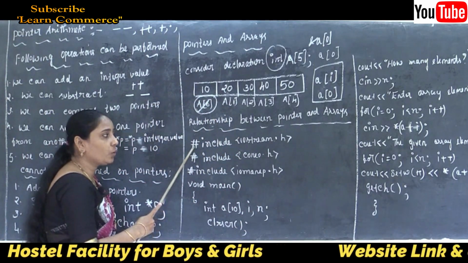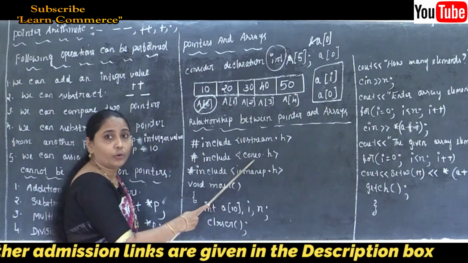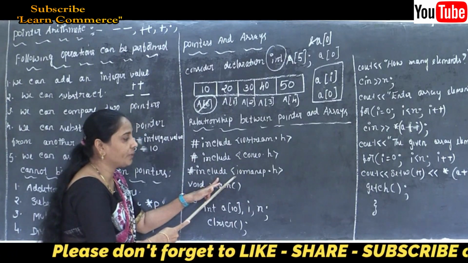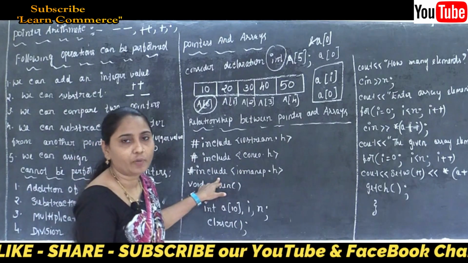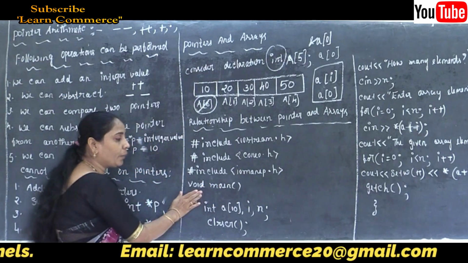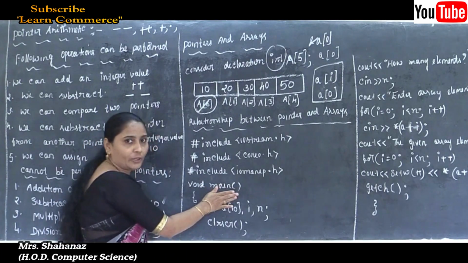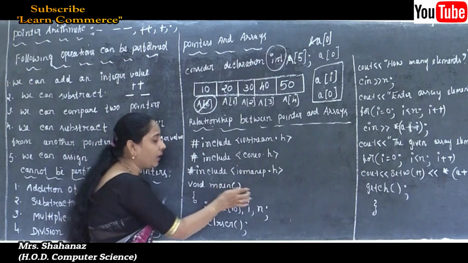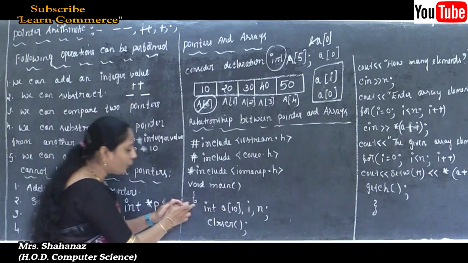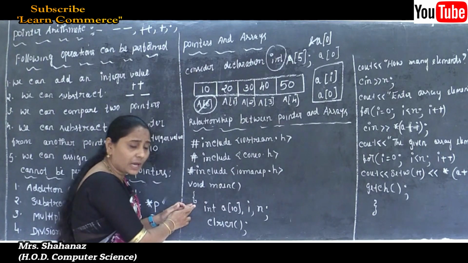So #include iostream.h, #include conio.h, and some other header files, and maybe the last header file is iomanip.h. Later the main program starts with void main, written in small letters, with no semicolon after the open and close brackets, and then the opening of the curly bracket, which means the program starts here.